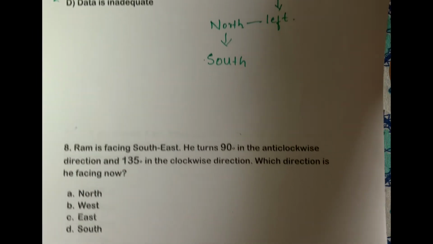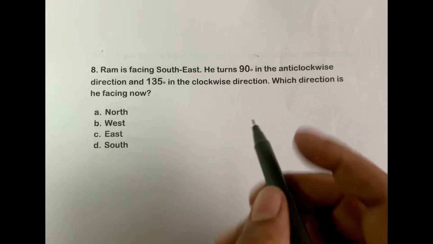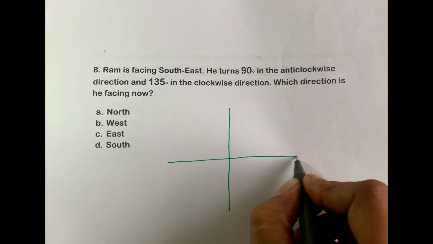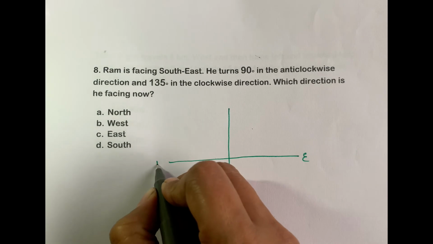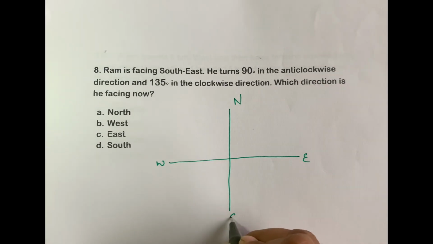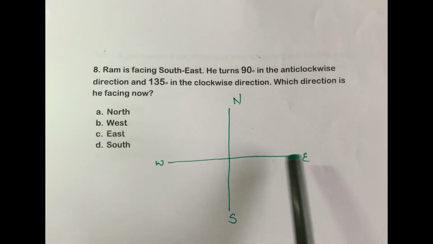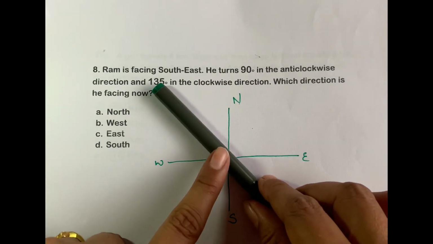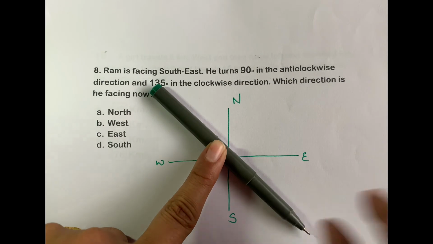Next question. Ram is facing southeast. Which is the southeast? So east, west, north and south. This is the southeast, this position. Ram is facing southeast, so this is the position of southeast.